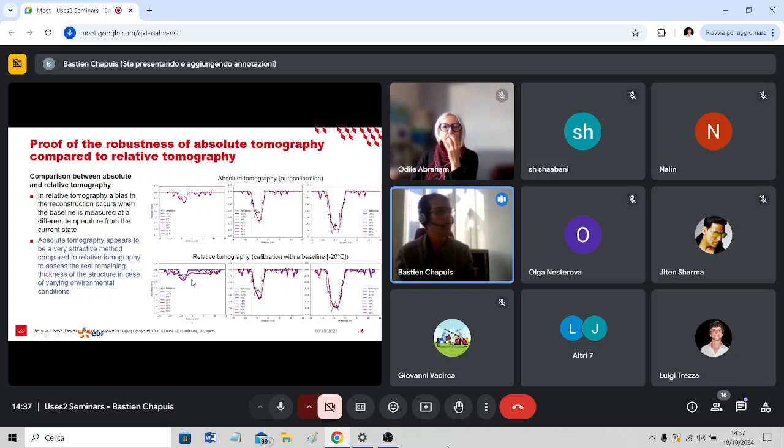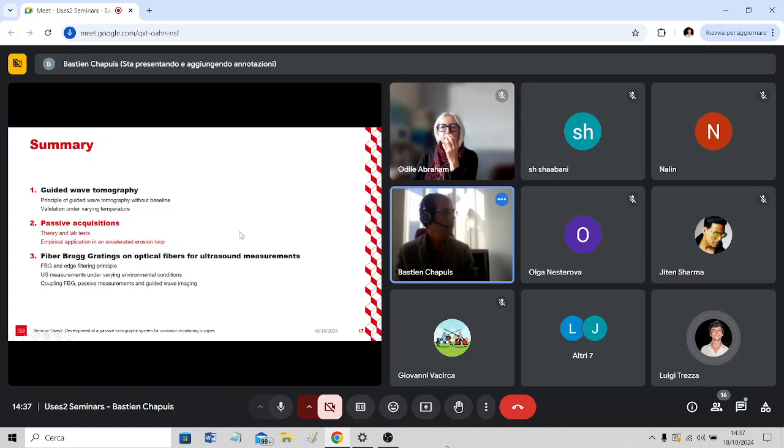So if you use that relative algorithm, you can miss this value and you can already lose 10 or 15% of the thickness without any defect. It's something very important to know to give a very precise result. Thank you very much.